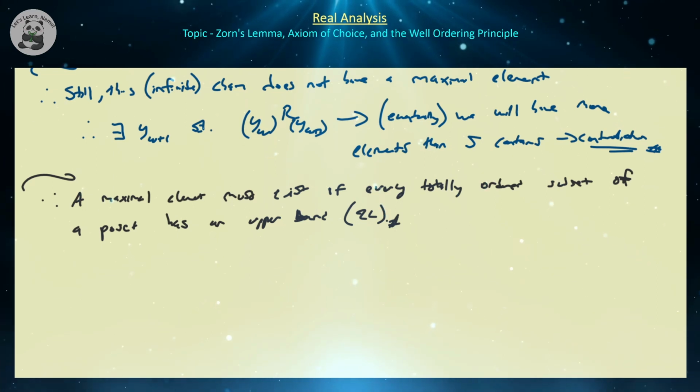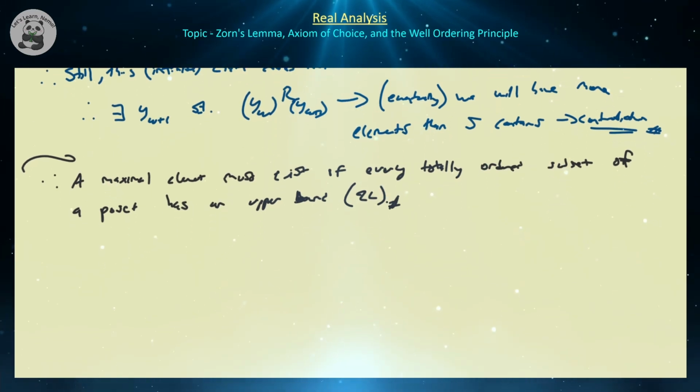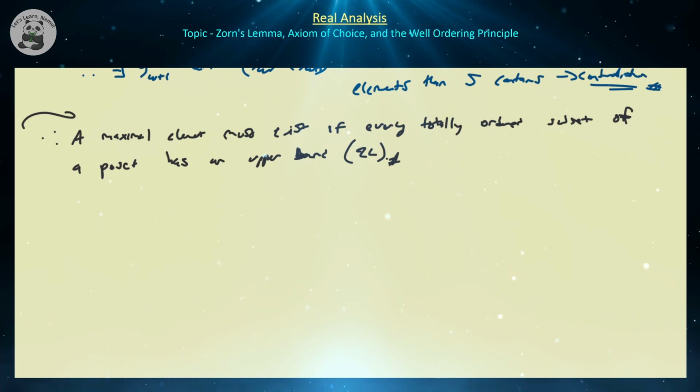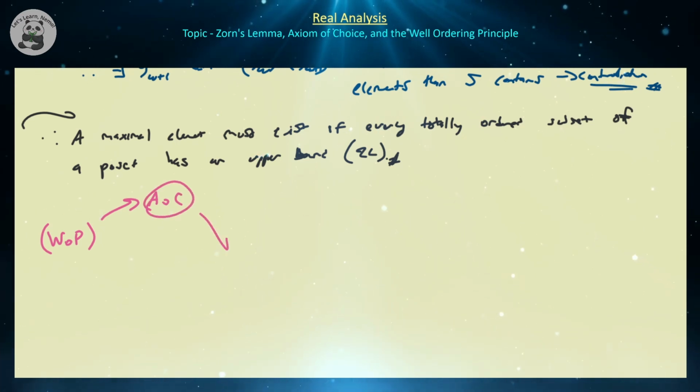Fair? So at this point, what exactly do we have? So we have that the well-ordering principle implied the axiom of choice, and we have that the axiom of choice implies Zorn's lemma.